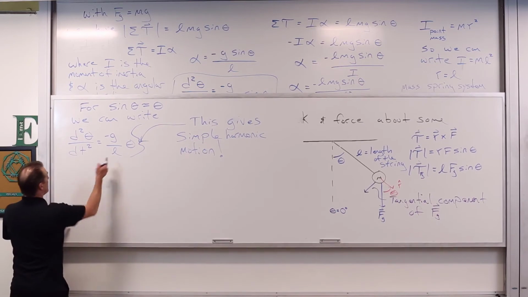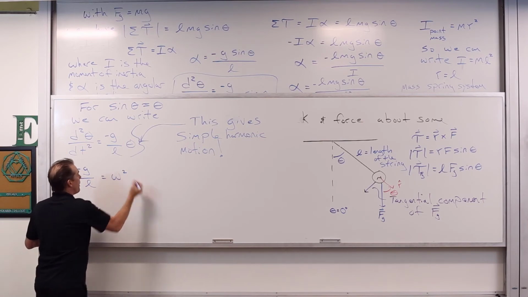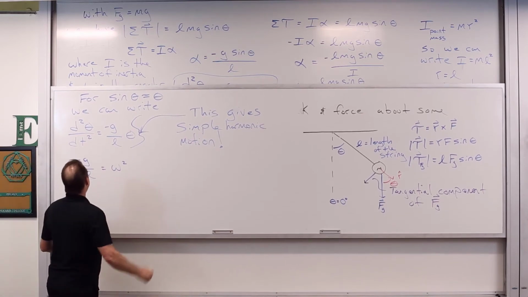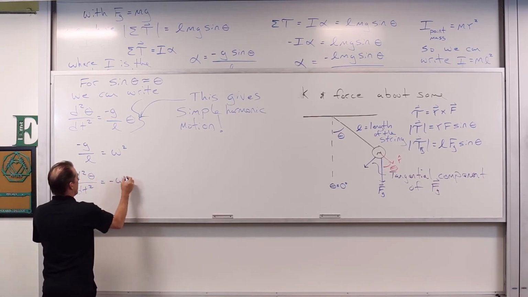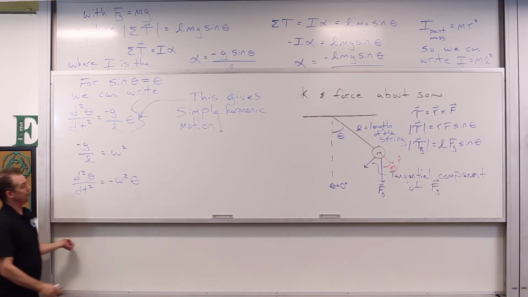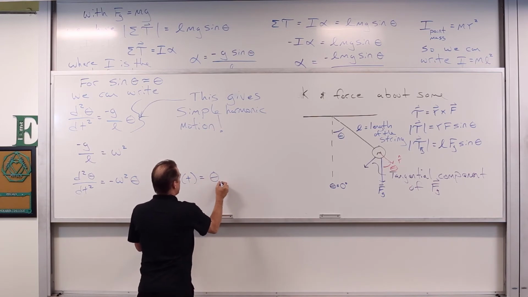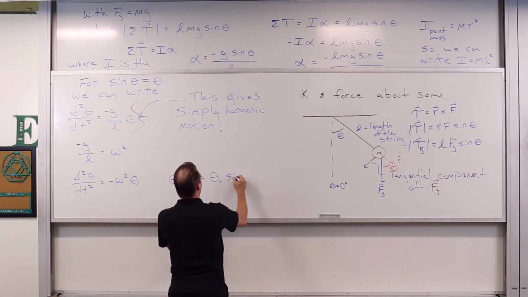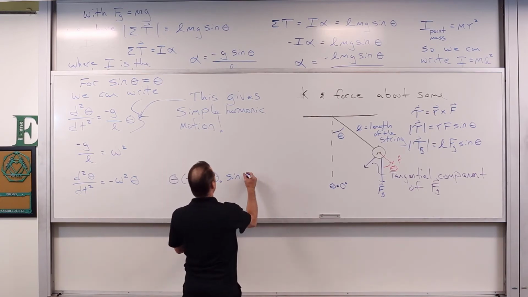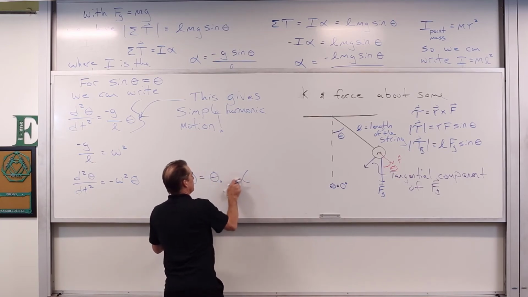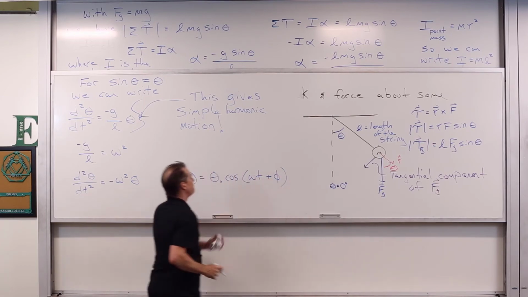We should be able to note that we could write that negative g over L is equal to some omega squared, and we can get that d squared theta dt squared is equal to negative omega squared times theta, and from this we can get theta of t is equal to some theta 0 times the cosine of omega t plus phi.